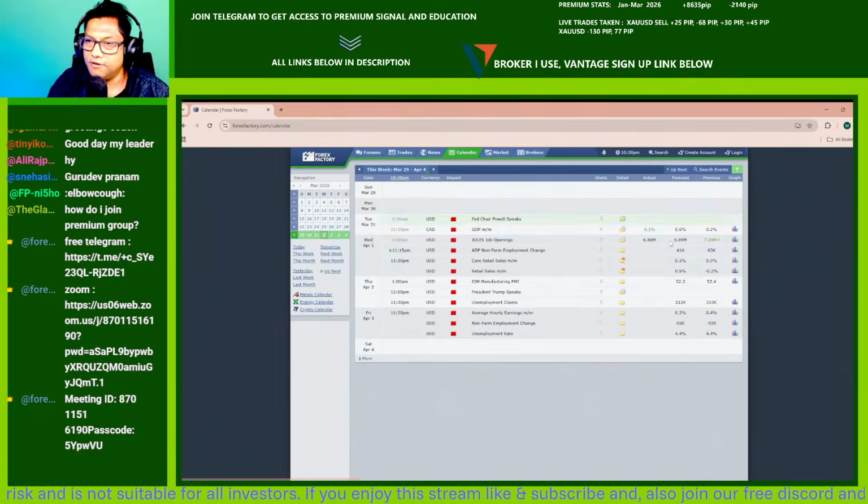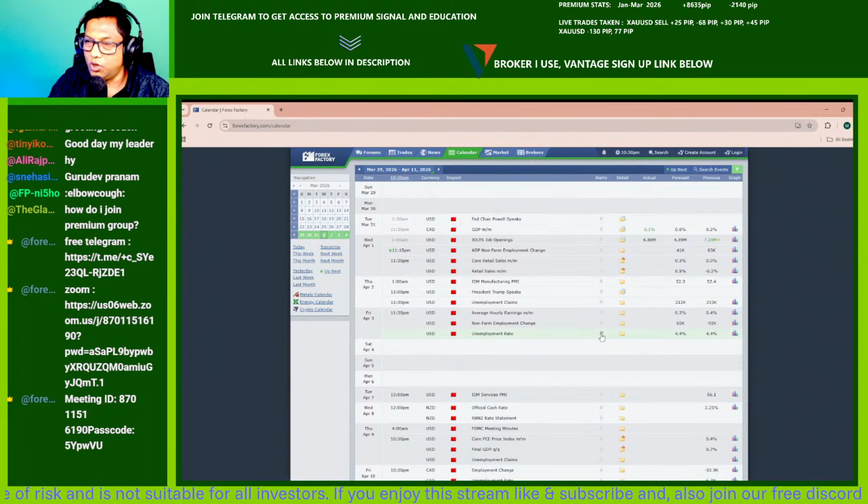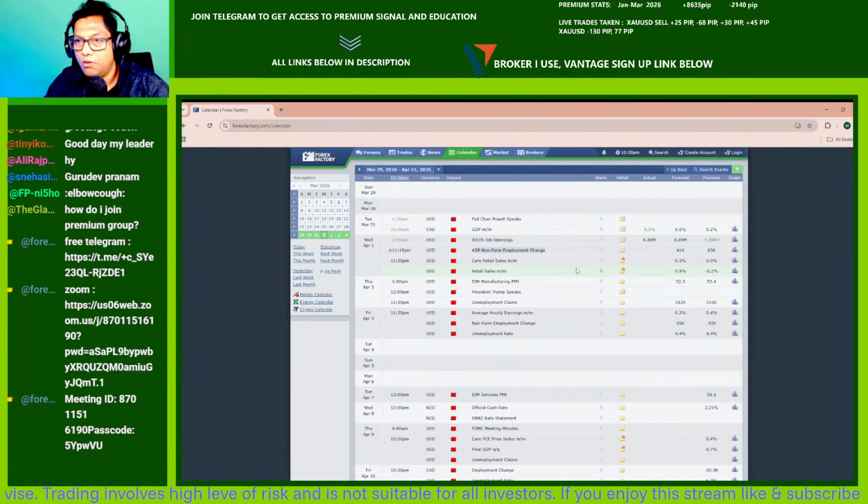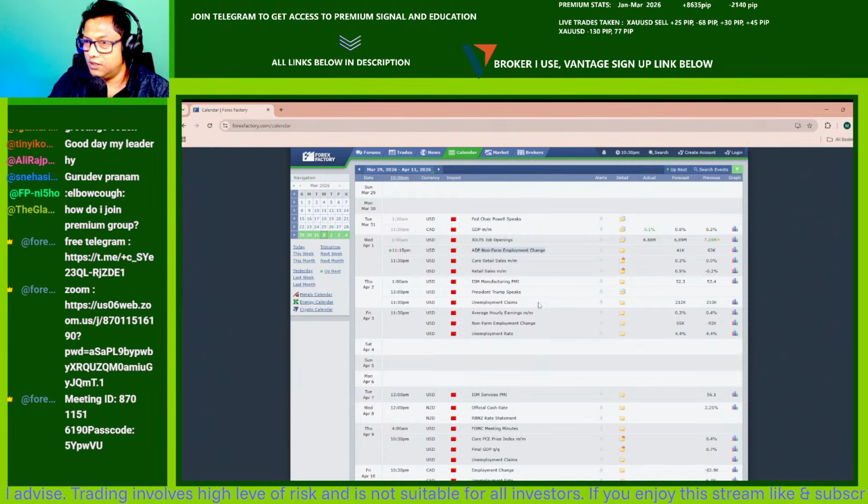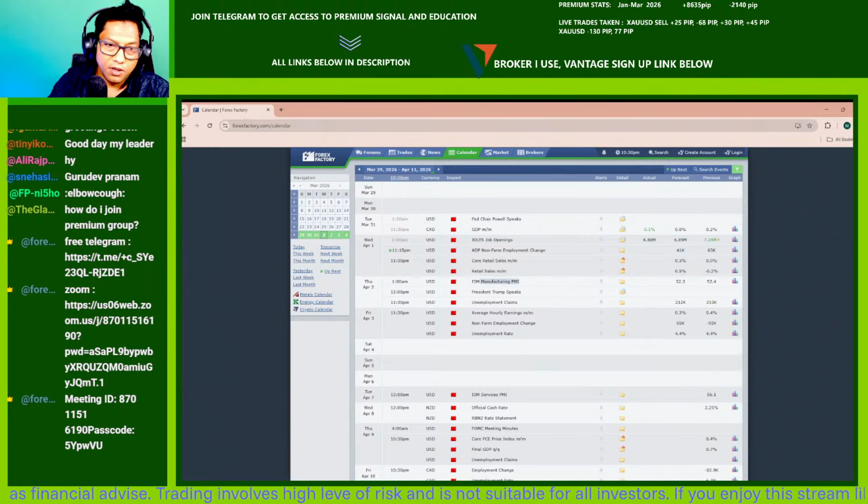If you look at the calendar here, we'll see some speech coming up in a few hours, later today. So it's a big day in terms of the news calendar.